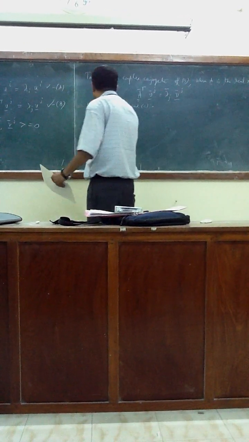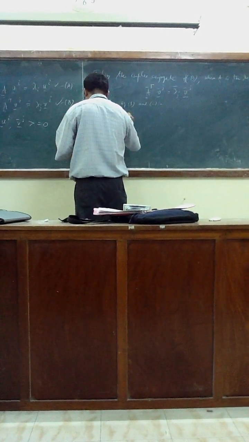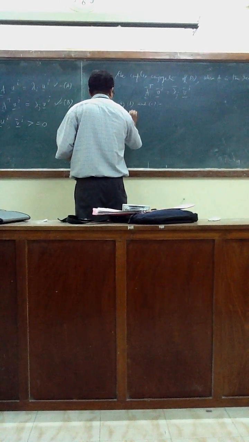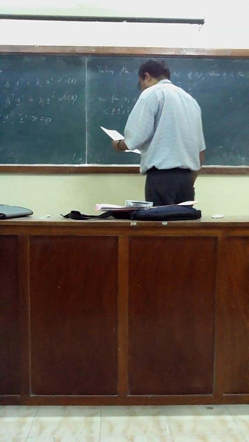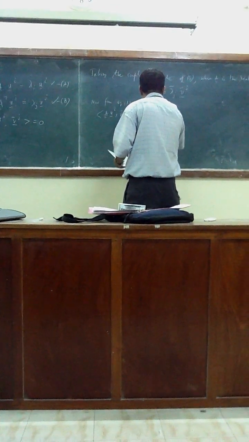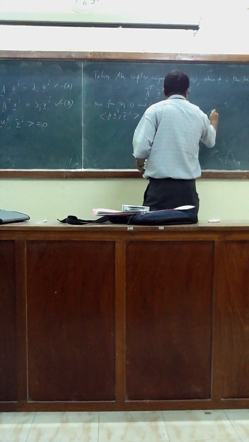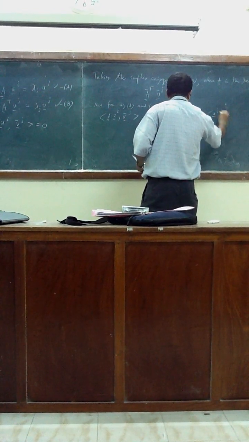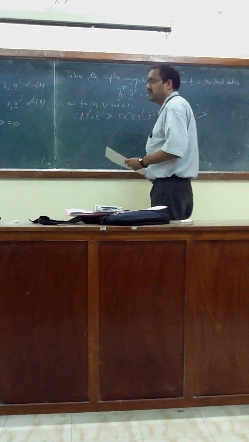Inner product of A Ui and Vj bar equals lambda i times the inner product of Ui and Vj bar. I'm just using the properties of the inner product, nothing else.